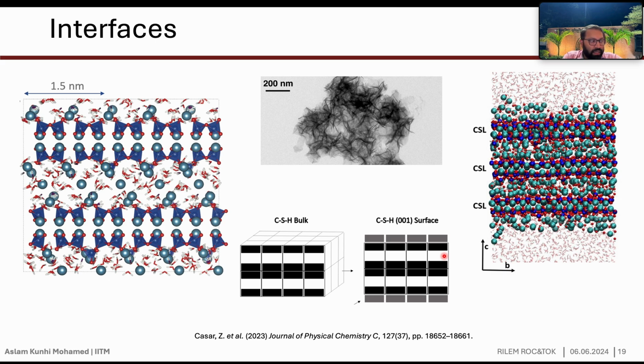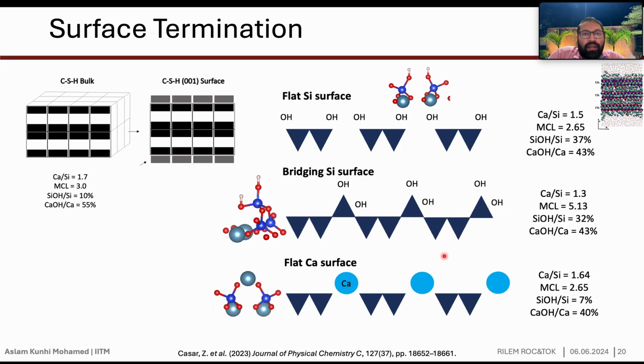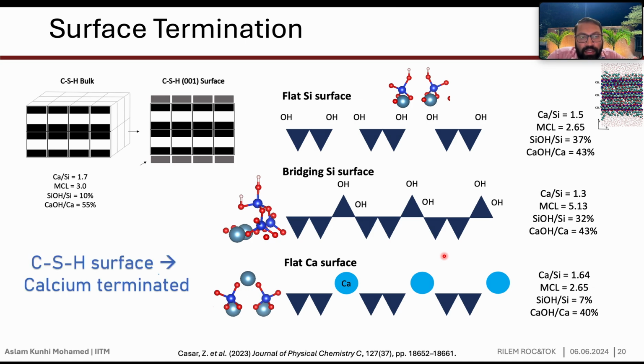So with this good understanding about the features in the bulk structure of CSH, we were now able to make a surface to look at what are the different terminations that the surface can have. This was work done at EPFL by Zika Kasar, and we realized that predominantly for high calcium silicon ratio CSH, CSH will have mostly calcium-terminated surfaces.